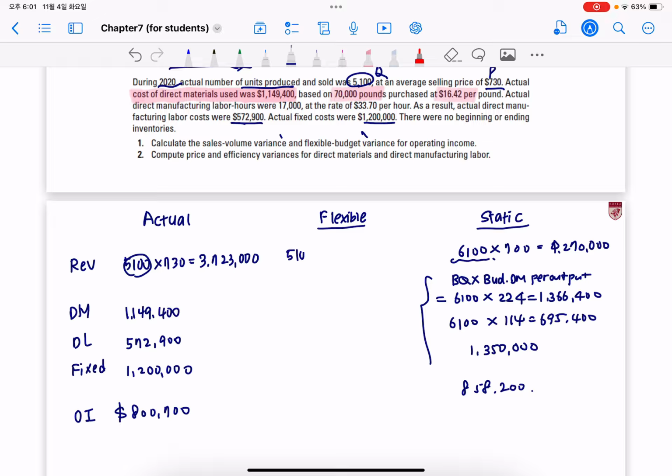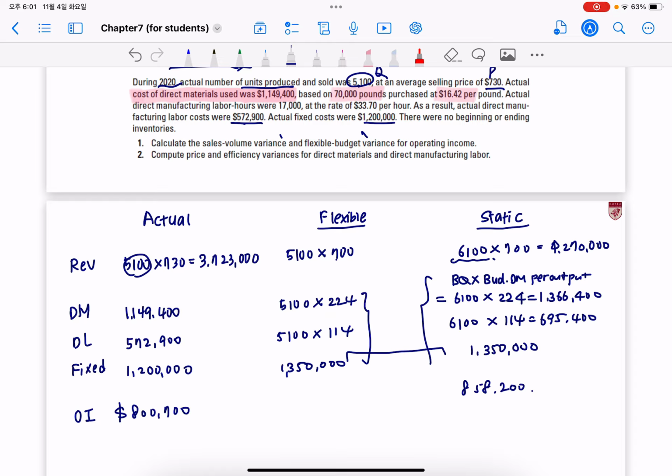So 5,100 times 700, 5,100 times 224, 5,100 times 114, and the fixed cost is exactly the same as the static budget fixed cost, right? As I said, the static budget fixed cost and flexible budget fixed cost are the same as long as Q is within the relevant range.